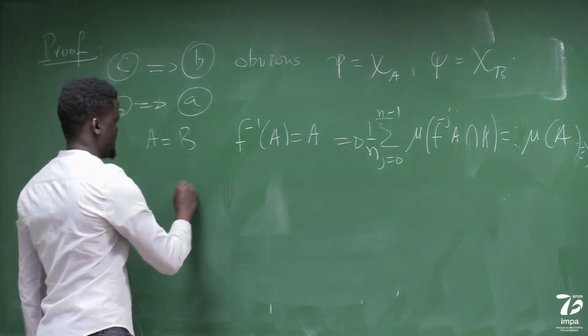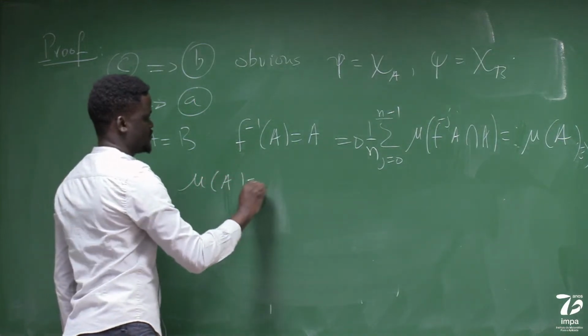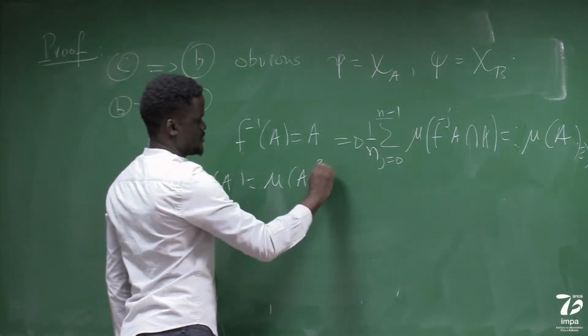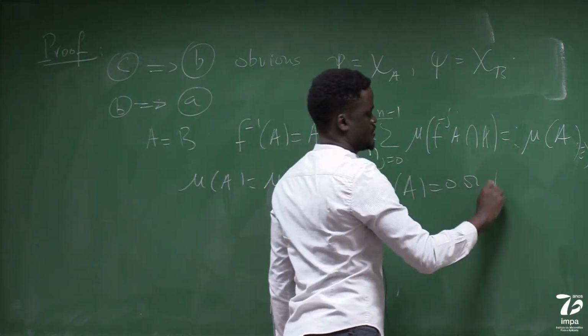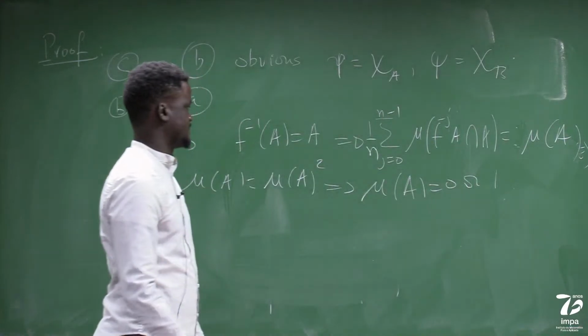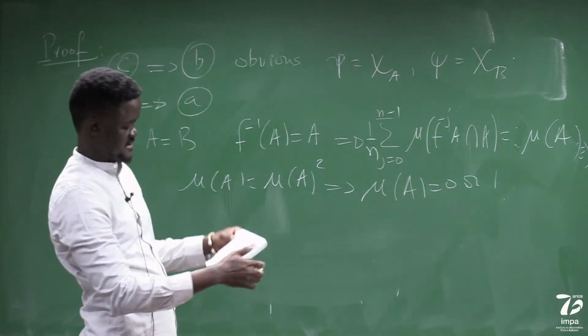So you would have that mu of A equals mu of A squared. This tells you that mu of A equals 0 or 1, which proves ergodicity using B as a definition.